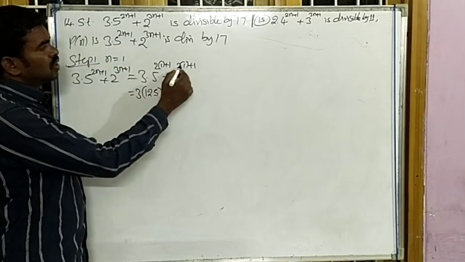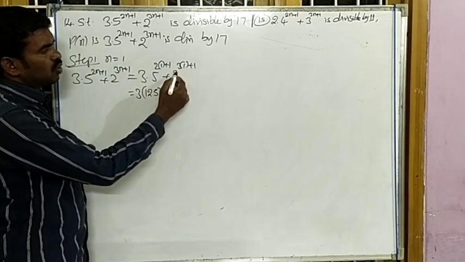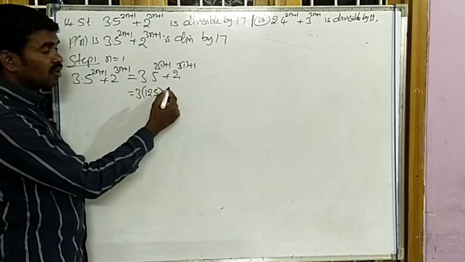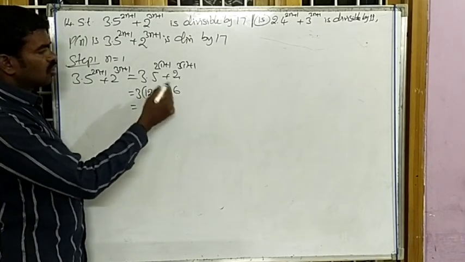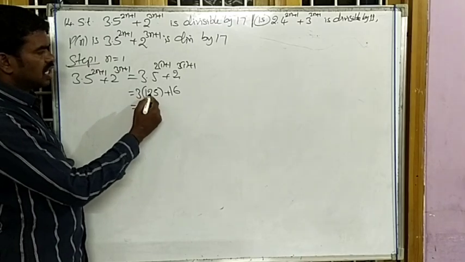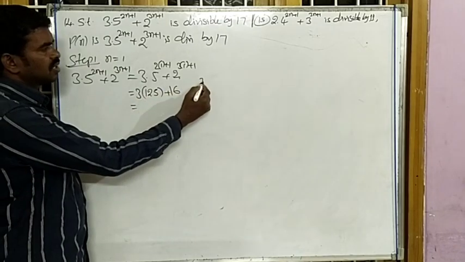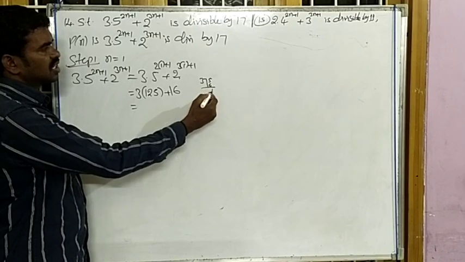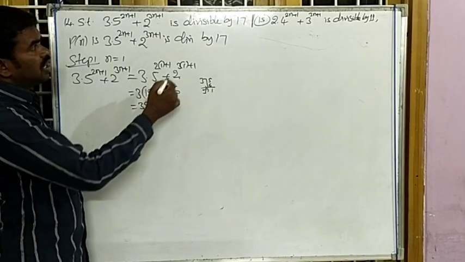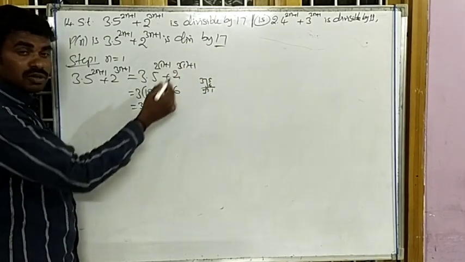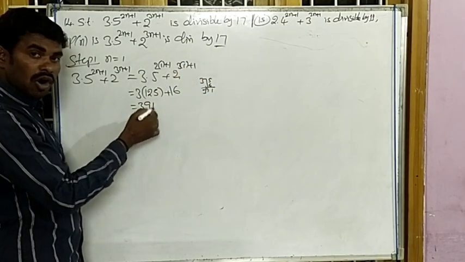Then 2 power 4 is 16. So the total: 3 into 125 is 375, plus 16, is 391.